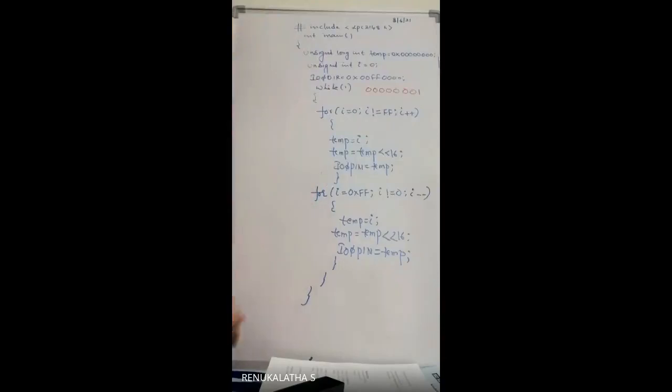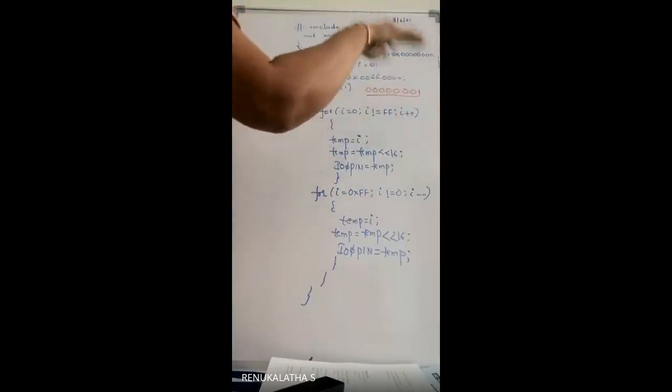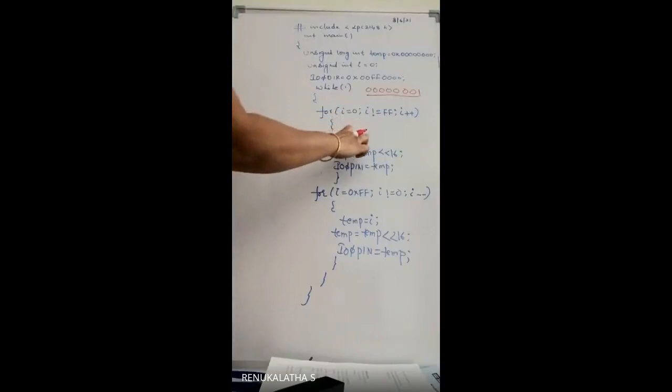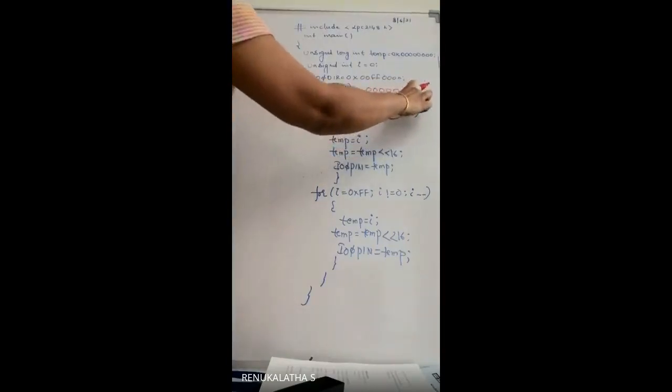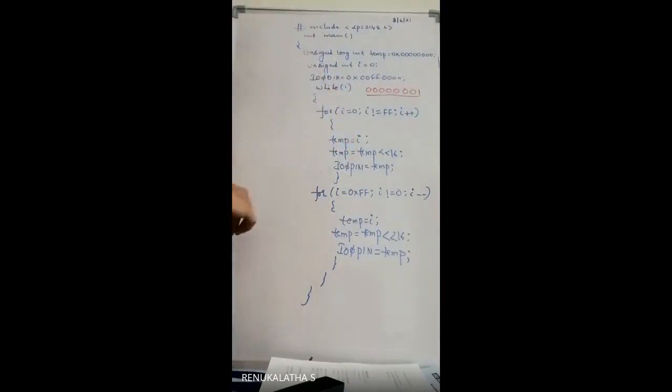Last one will be 1. Okay. So this is the first value of I after incrementing the first time. When it is doing I plus plus, the first value of I will be equal to 0, 0, 0, 0, 0, 1. So that value is assigned to temp. Correct?